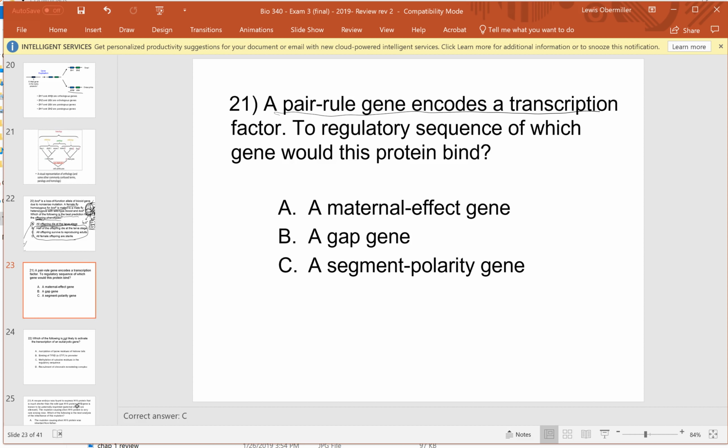A pair-rule gene encodes a transcription factor. To a regulatory sequence of which gene would this protein bind? Transcription factor.